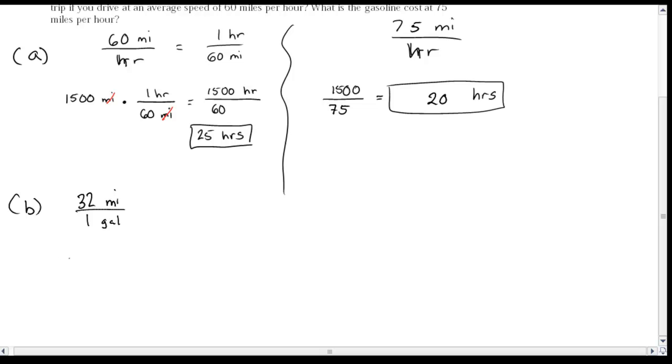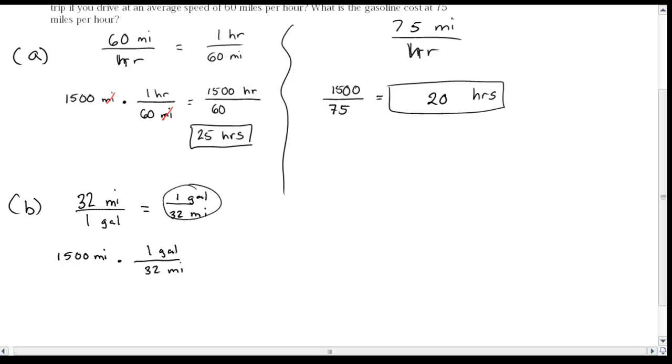So if I have 1,500 miles, again, this fraction up here can also be written as 1 gallon over 32 miles. And the reason why is I want to get rid of miles. So miles goes on the bottom, so I'm using this fraction.